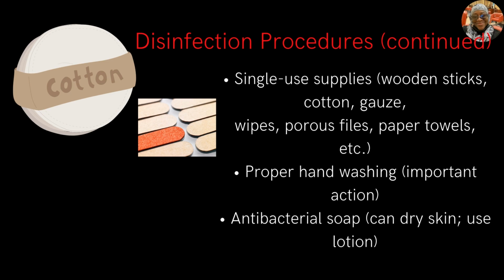You need to wash your hands for at least 20 seconds before and after every client, or use a waterless hand sanitizer. Antibacterial soaps are good for washing the hands, and then you need to follow up with some type of lotion at the end of the day, because it's hard to do that constantly when you're busy in a salon.